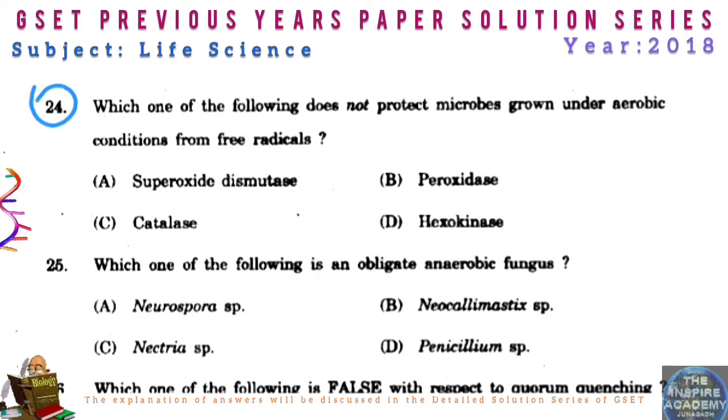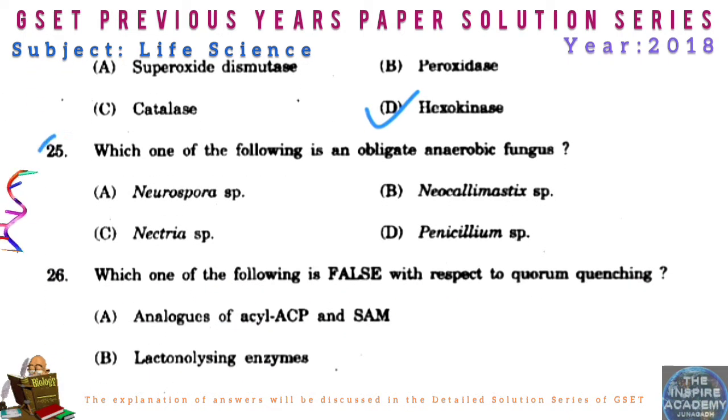Question number 24. Which one of the following does not protect microbes grown under aerobic conditions from free radicals? Correct answer is hexokinase. Question number 25. Which one of the following is an obligate anaerobic fungus? The correct answer is Neocallimastix species.